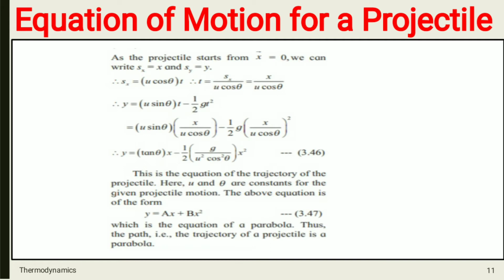For this we can derive the equation of motion of a projectile, which is the relation between the displacement of the projectile along the vertical and horizontal directions, and this can be obtained by eliminating t, that is time, between the equations of displacement.